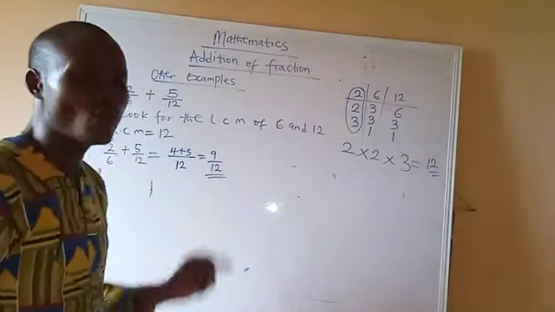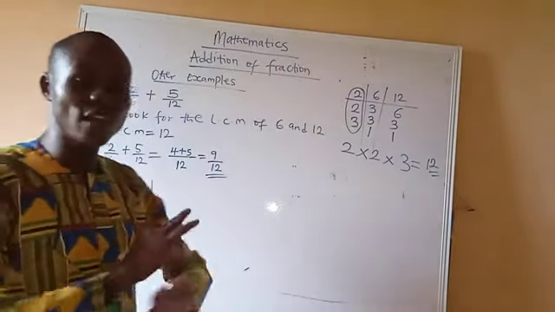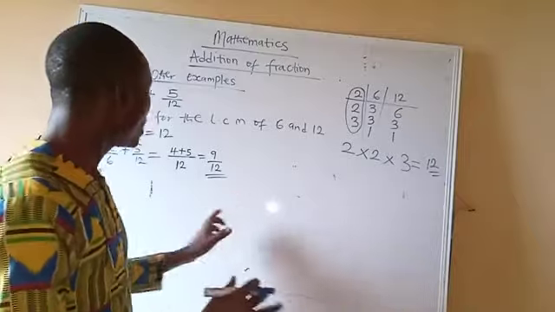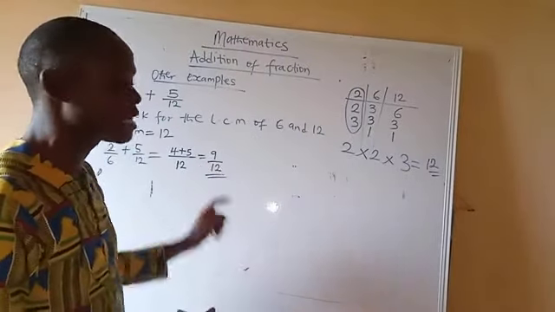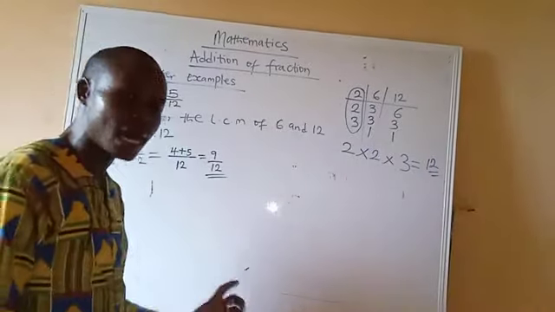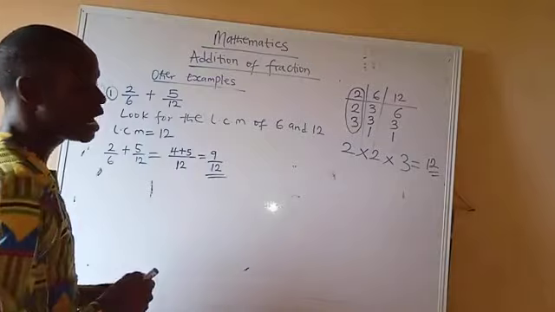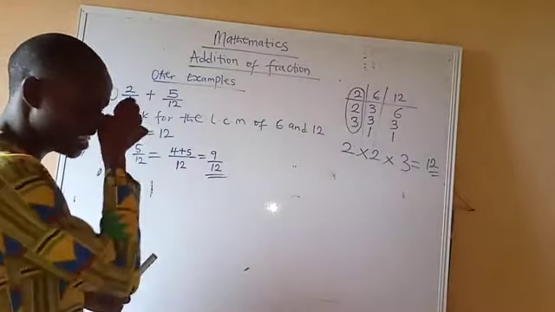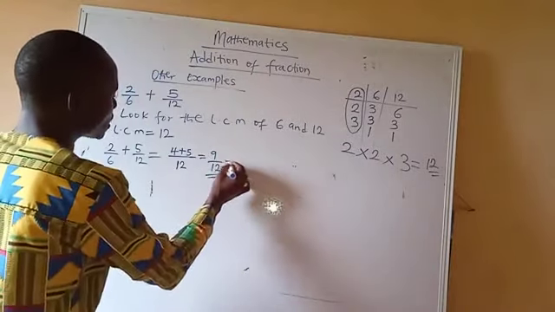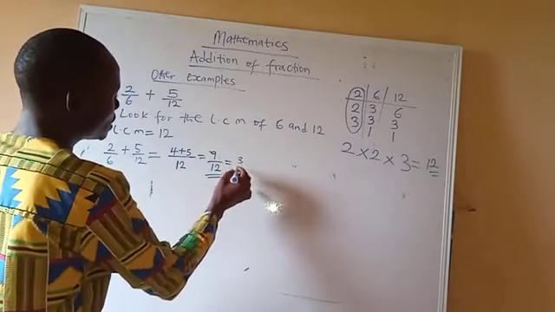Now, this 9 over 12, there is another way. If you leave your answer like this, it's very, very correct. But there's another way you can leave your answer, but it's still the same thing. You need to break it down. Which number can divide 9 without a remainder, and that same number divide 12 without a remainder? Let's go with 3. 9 divided by 3 is 3, right?